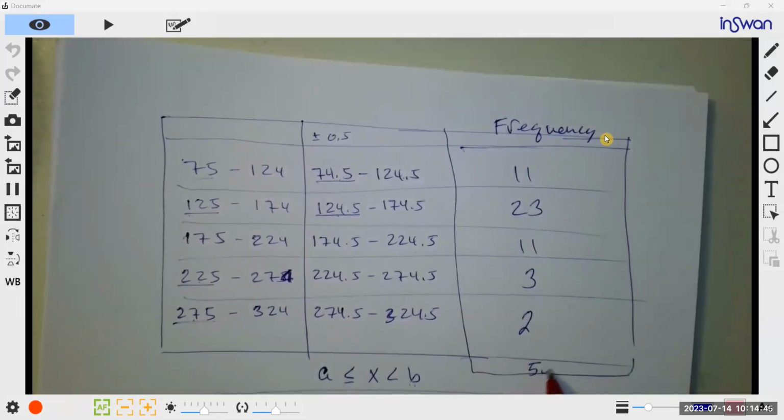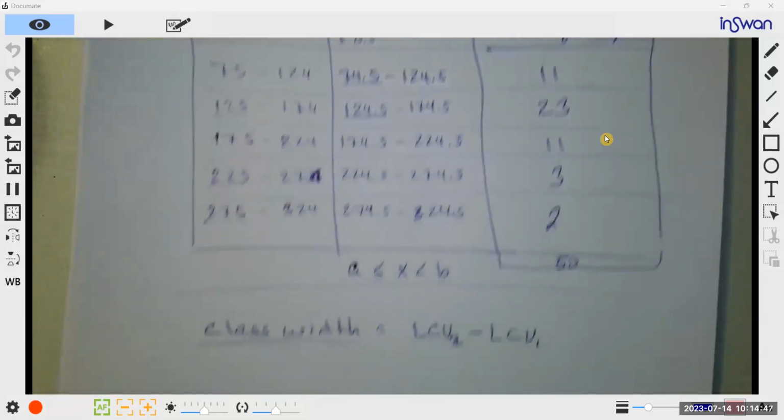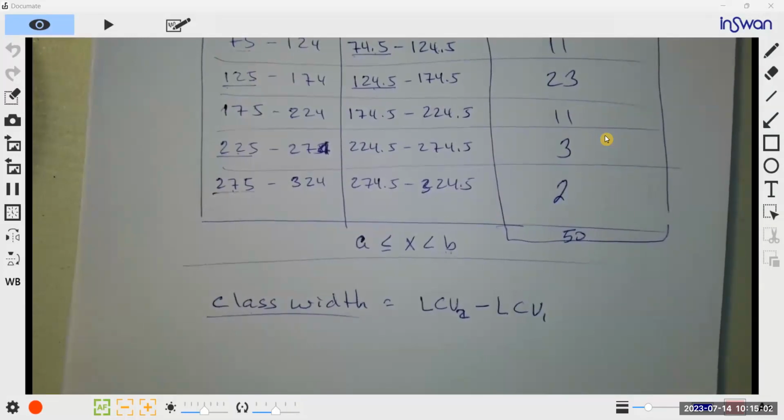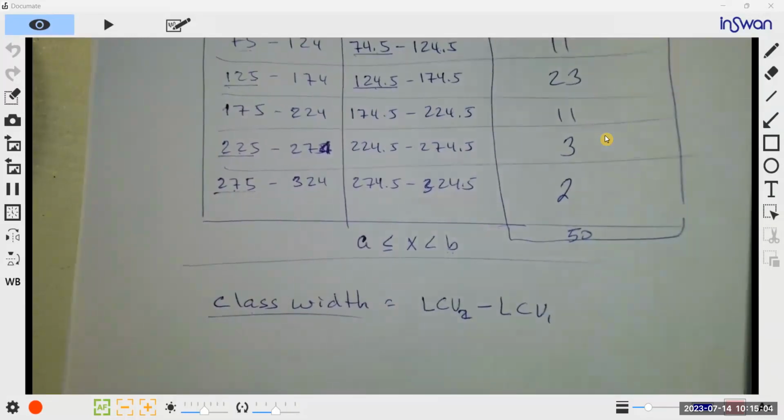We have 50 of them. Because from here, we could do a lot of things. Now we can use those values as our data points when we do calculations, which will be coming later on in this class. All right, let's look at the next one.